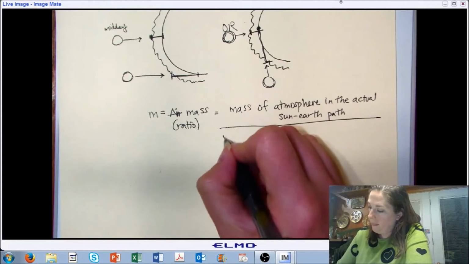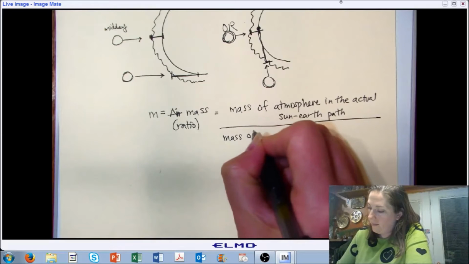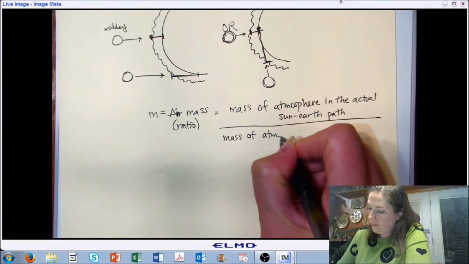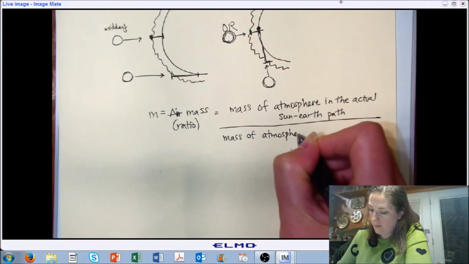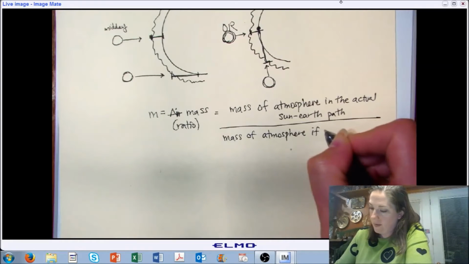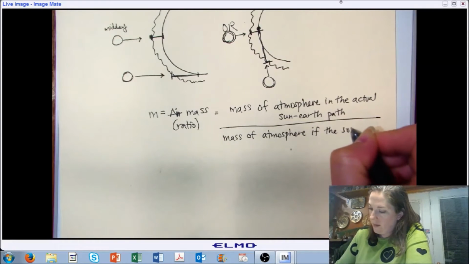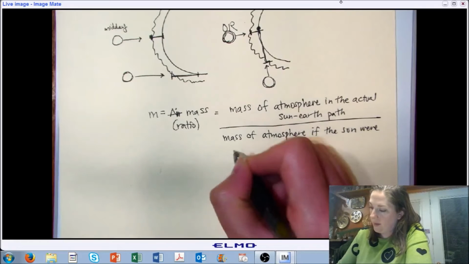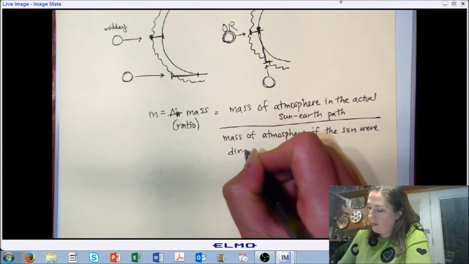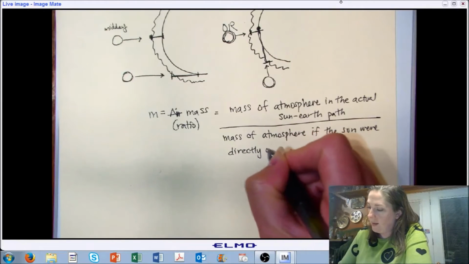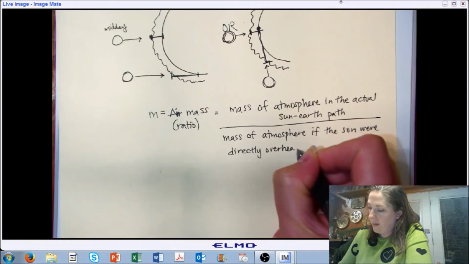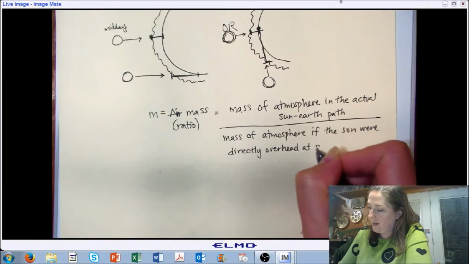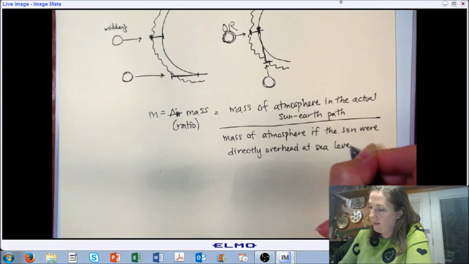divided by the mass of atmosphere if the sun were directly overhead at sea level.